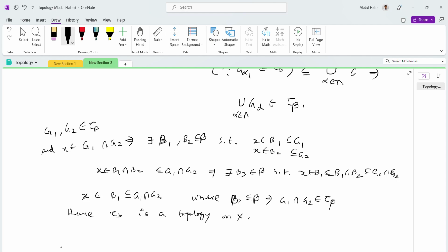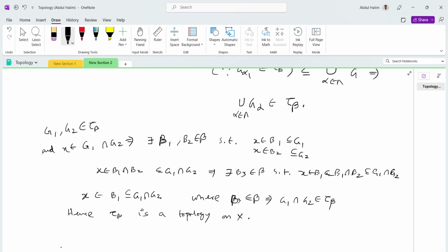G1 intersection G2 belongs to tau beta. Hence tau beta is a topology on X.